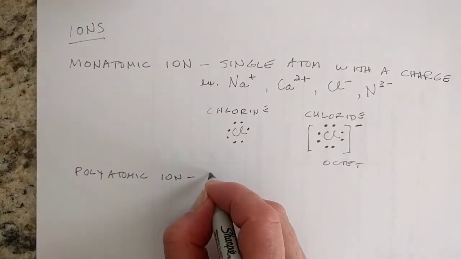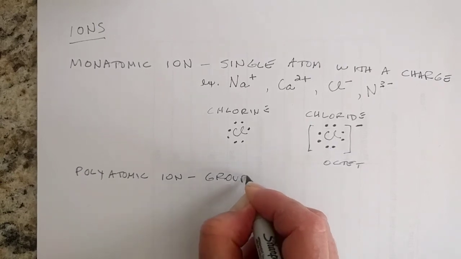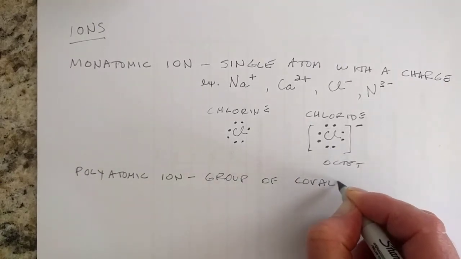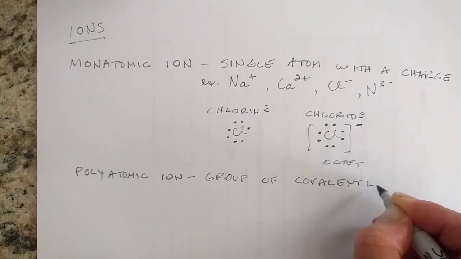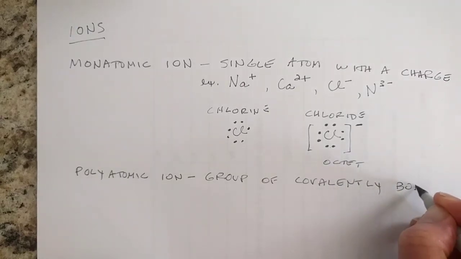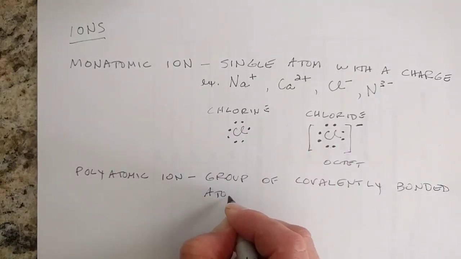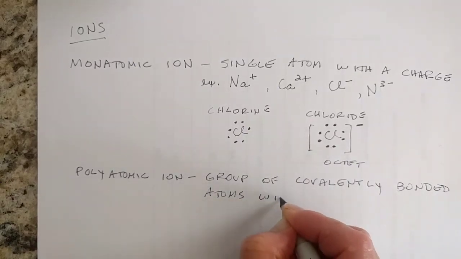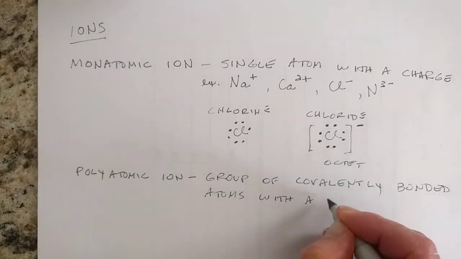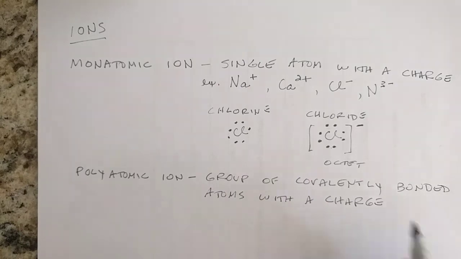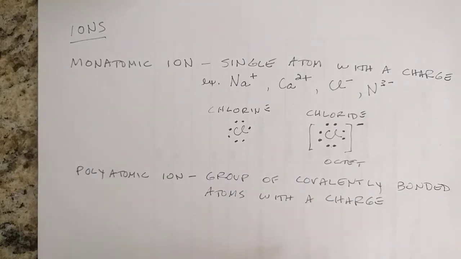So this is a group of covalently bonded atoms with a charge. Because whatever type of ion you are, you have to have a charge.